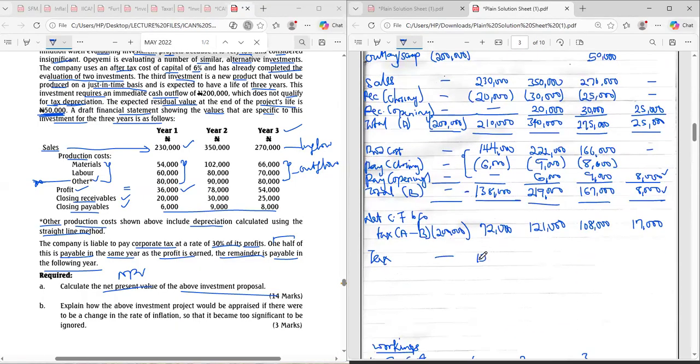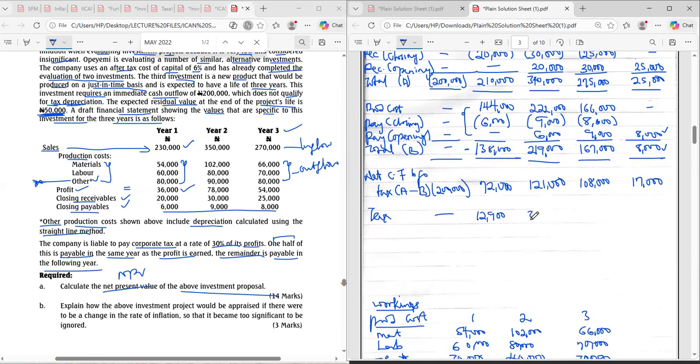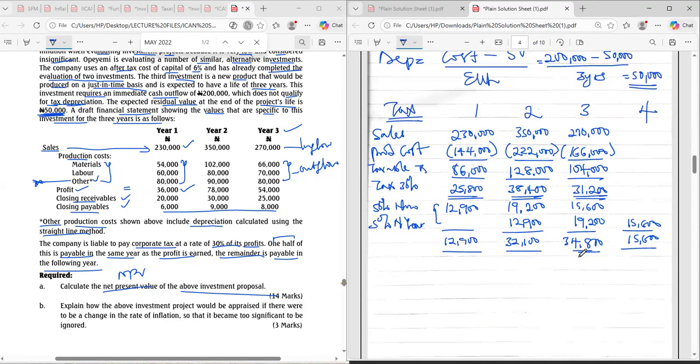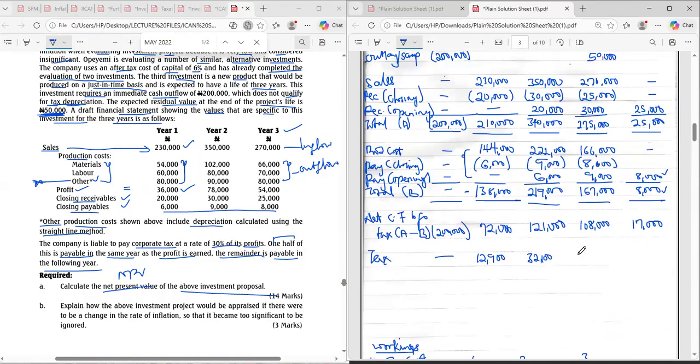Dash, 12,900. 32,100. Okay. 34,800 and 15,600. 34,800, 15,600. In bracket, have you? Because it's tax.